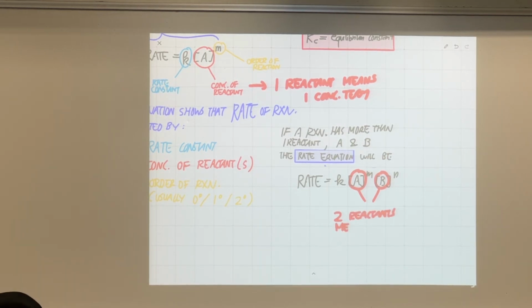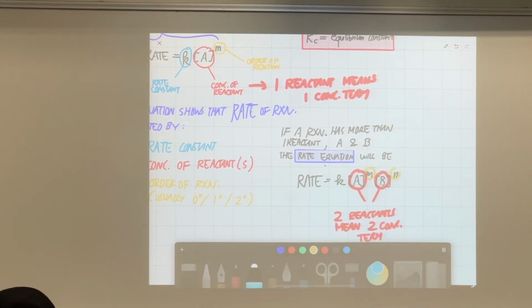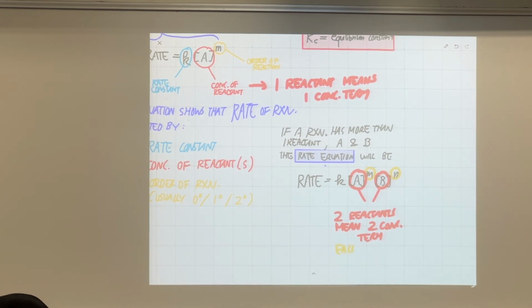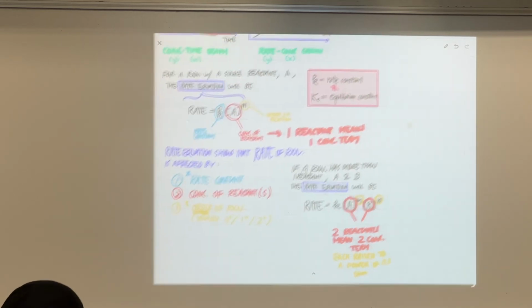Two reactants mean two concentration terms, each raised to a power of its own. Those powers, we call them the order. In math you call these the power of a number, but in chemistry we call them the order of reaction.